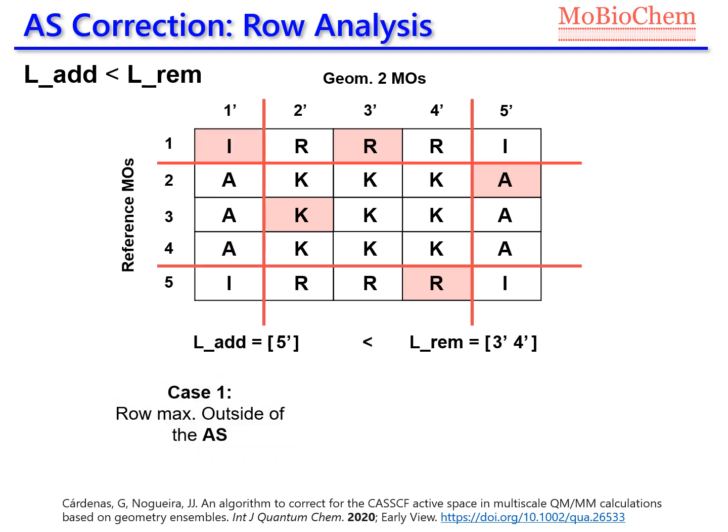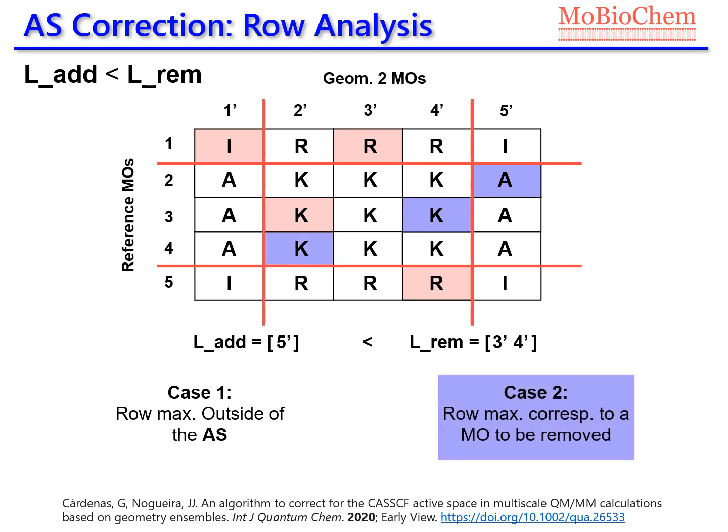Okay, so now let us analyze case 2 of the same situation we had seen before. Let us perform the row-wise analysis and see what happens. Well, in this case, if we take a look at row 3, we see that its maximum value happens to be precisely at 4'. However, according to the column-wise analysis, 4' was one orbital that needed to be removed from the active space.